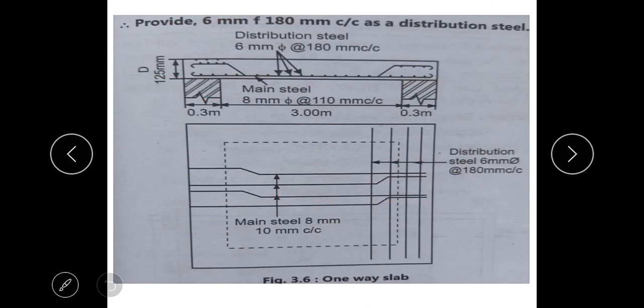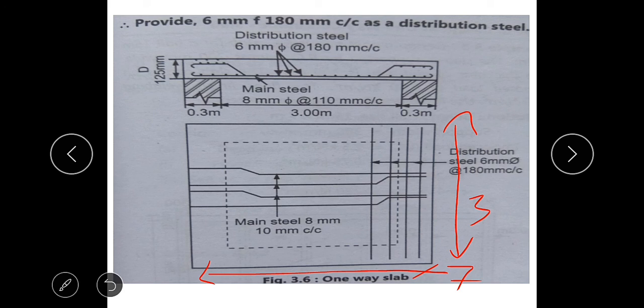Last, after solving all these, we have to draw a diagram. Here our span length is 3 meter and 7 meter. So main bar we provide along the shorter span.